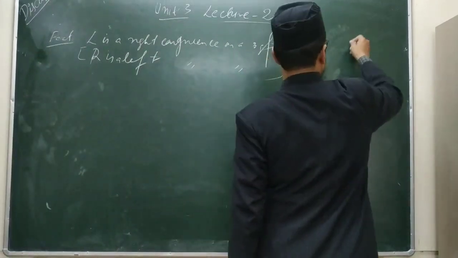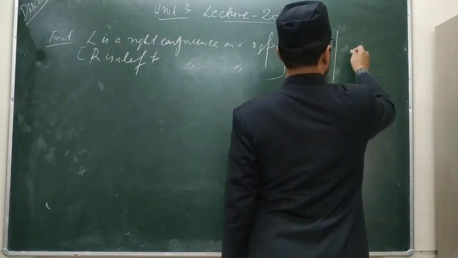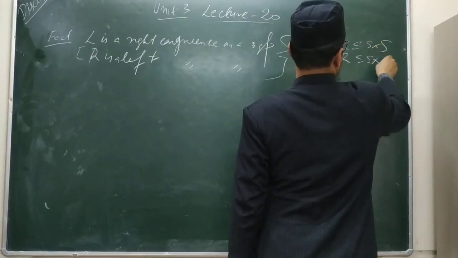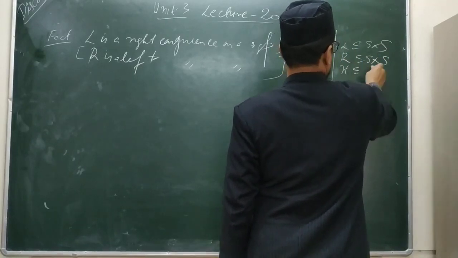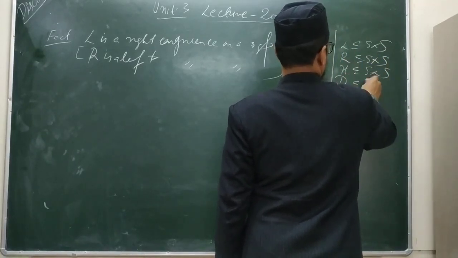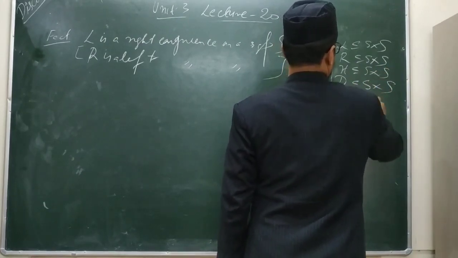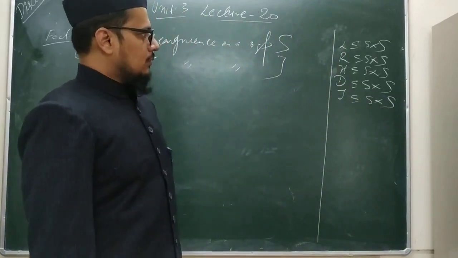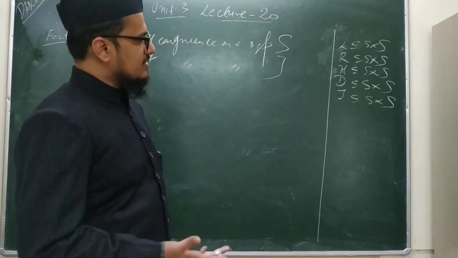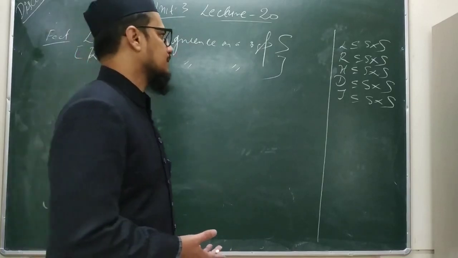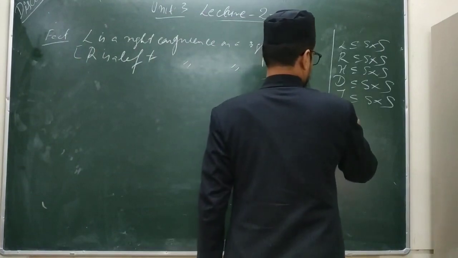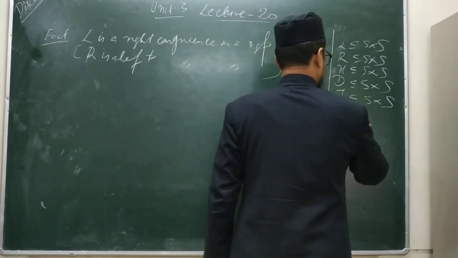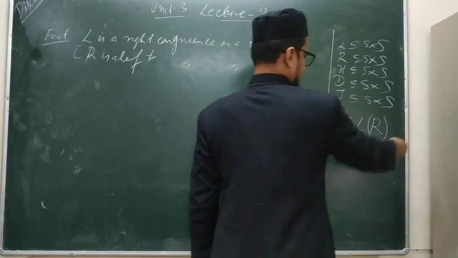Basically, L, R, H, D, and J are subsets of S cross S. These all are equivalences on a semigroup S. Being equivalences means that they are relations on a semigroup S, so of course they are a subset of S cross S, correct? And we see that H, being L intersection R, is contained in L, and also contained in R.